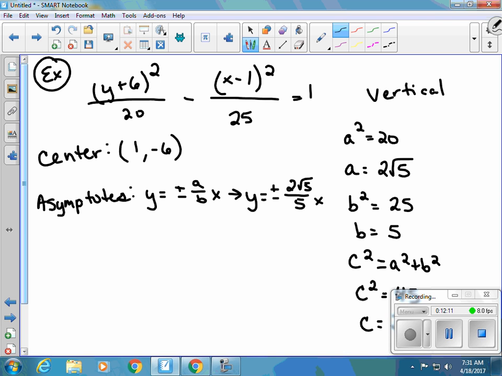I already know that this is vertical, and I need to find my foci. So because it's vertical, it goes with the negative 6 and not the 1. So I've got 1 comma negative 6 plus or minus 3 square root 5 as my foci.